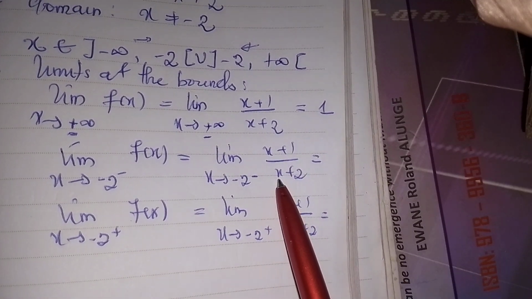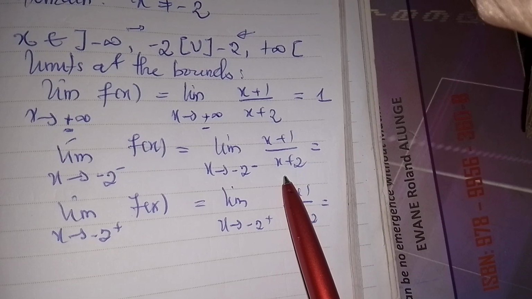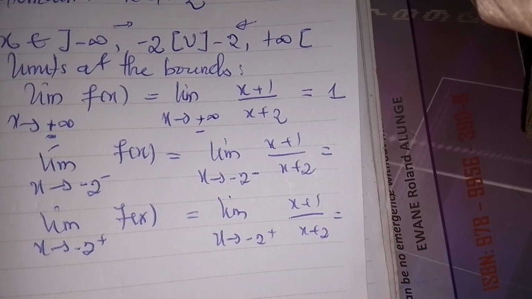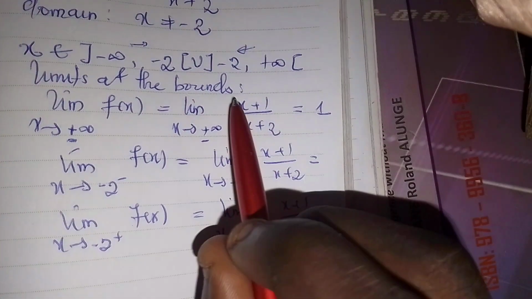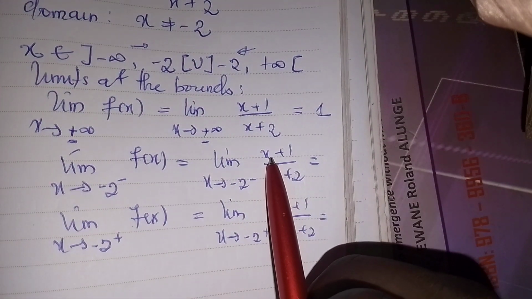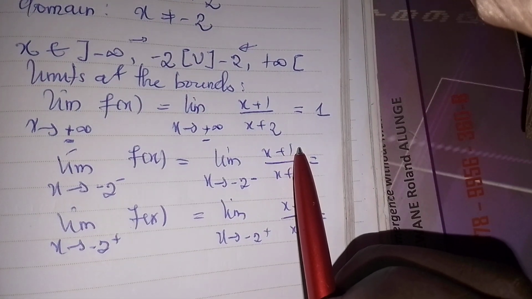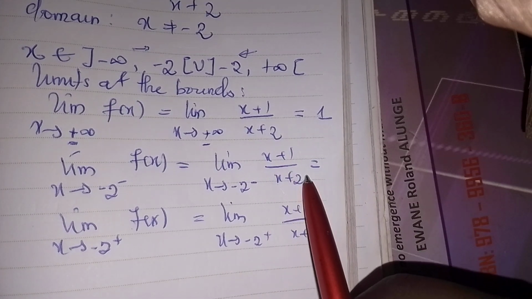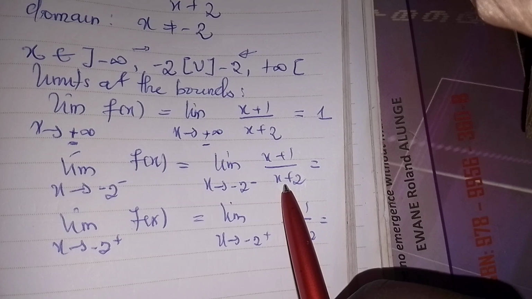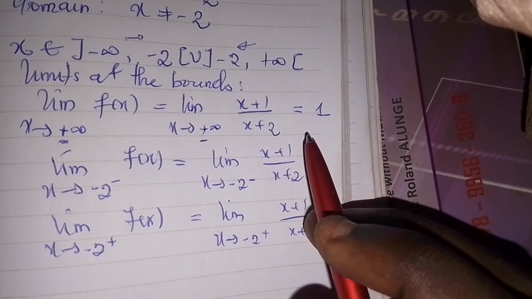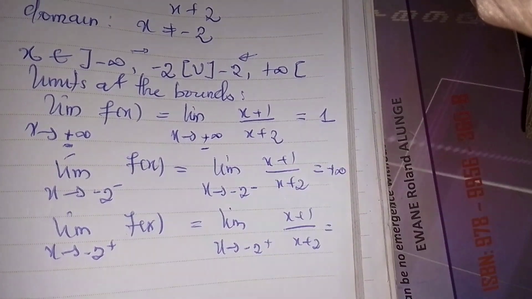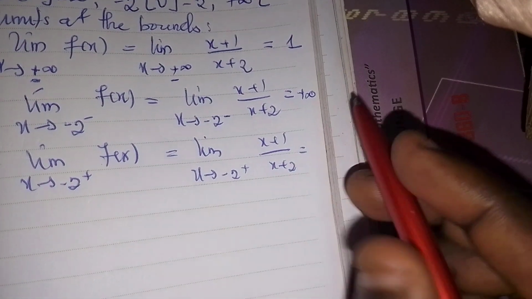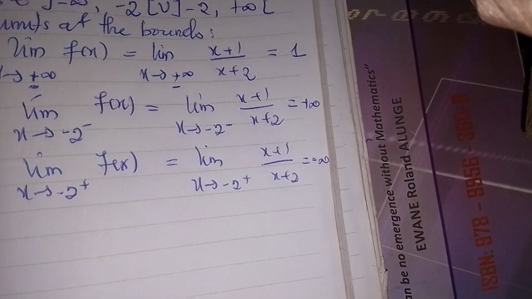Take negative 2.00001 plus 2, you are going to have something like negative 0.00001. Now the numerator, you also take the negative 2 point that and add 1, you're going to have a negative number. The two negative signs will cancel and you realize that the denominator will be going to 0 and the numerator will be going to a certain number, so everything will be going to plus infinity.